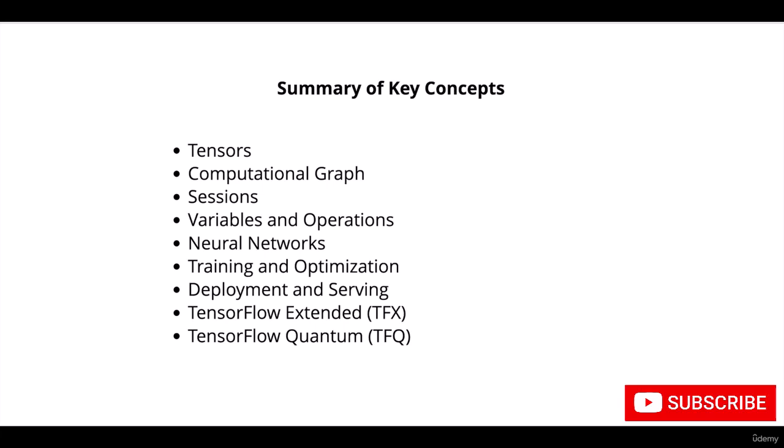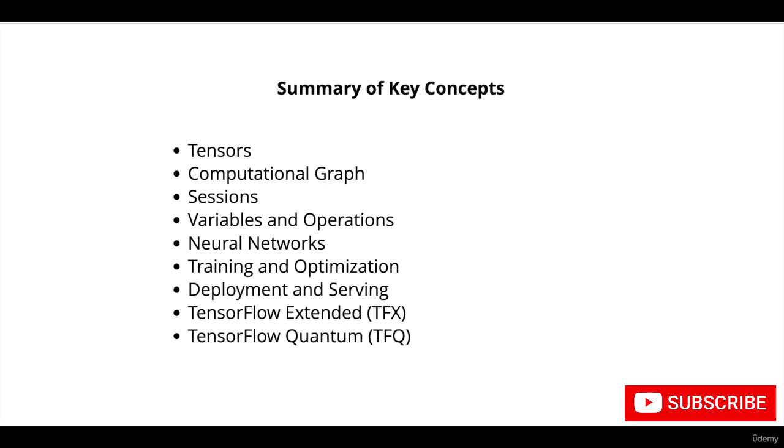Next concept, variables and operations. Variables are mutable tensors that hold values that can be updated during computation. Operations are functions that take tensors as input, perform computations, and produce output tensors. TensorFlow provides a wide range of built-in operations for mathematical operations, neural network layers, optimization algorithms, etc. Next one, neural networks.